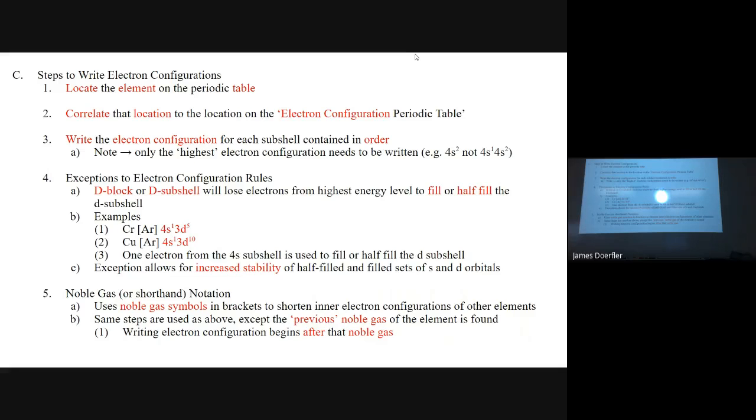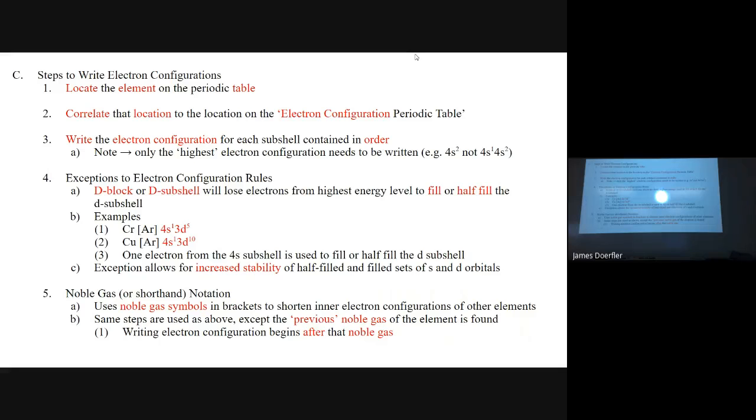Then you will write the electron configuration for each subshell. So that means your S, P, D, and F in order. One thing you need to remember, and when you see the examples, you'll get a better grasp on it, but only the highest electron configuration needs to be written.